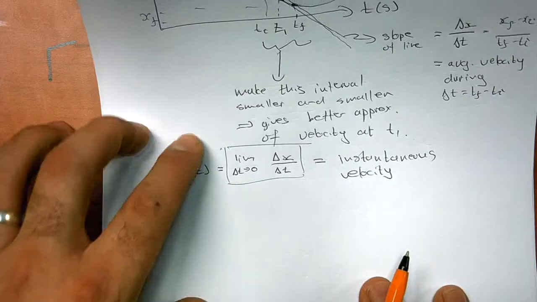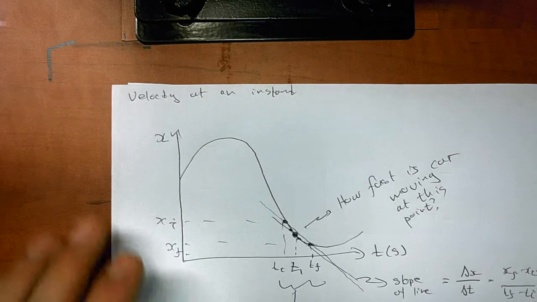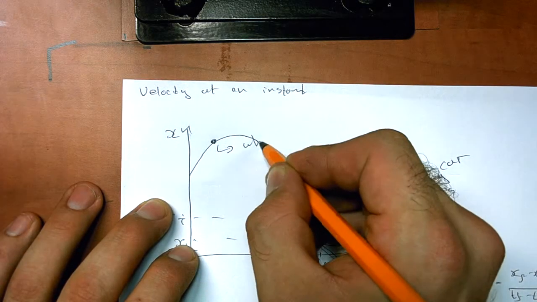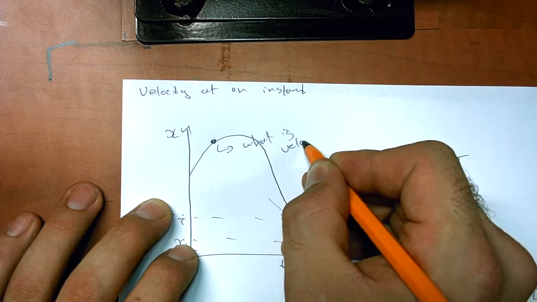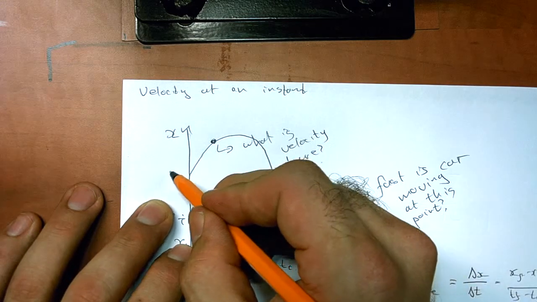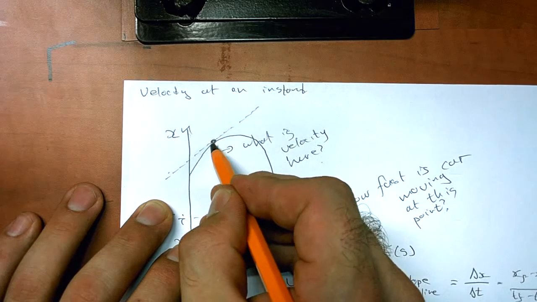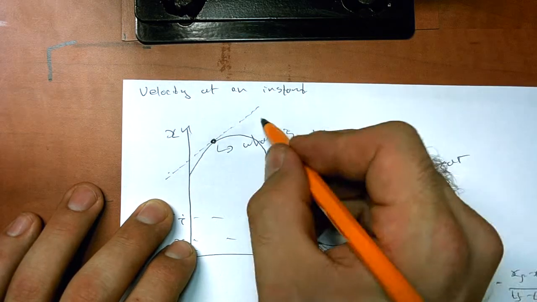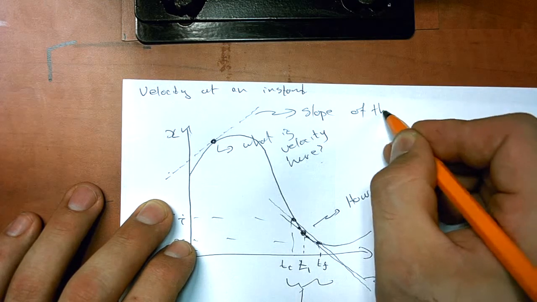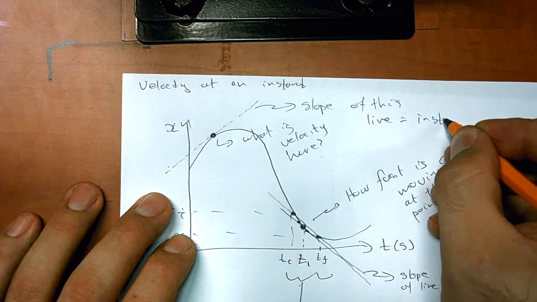Now, this looks rather complicated because you might not have seen this before, or you might not be familiar with this, but it has a very simple graphical interpretation. If I want to know what is the velocity over here, I know if I draw a straight line that just touches the curve at that point, one single point, the slope of this line is equal to the instantaneous velocity.